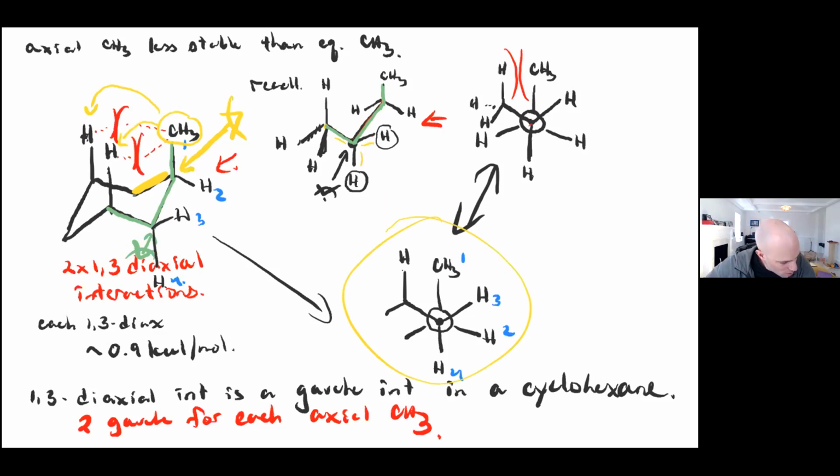All right. So as I said, the more common case is when these substituents have axial orientations, which lead to these gauche interactions. For cyclohexane, you have a specific name, a 1,3 diaxial interaction, because that reminds us that it's between the axial substituents in the cyclohexane.